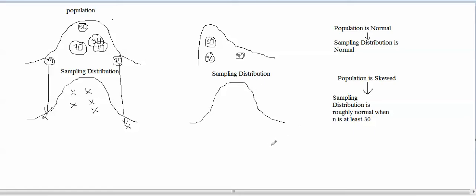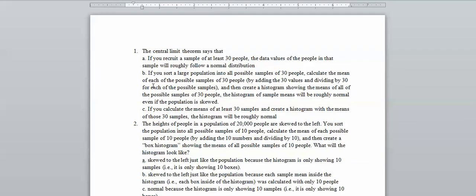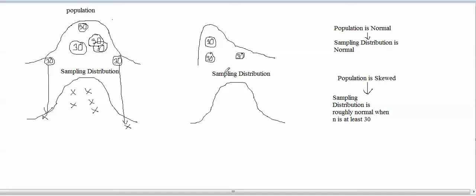So let's take a look. The central limit theorem says that if you sort a population into all possible samples of 30 people, this is what I was talking about here. You take all possible samples of 30 people and calculate the mean of each one, and then plot those means in a histogram like this.